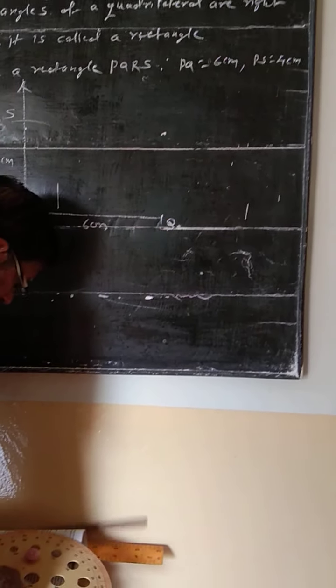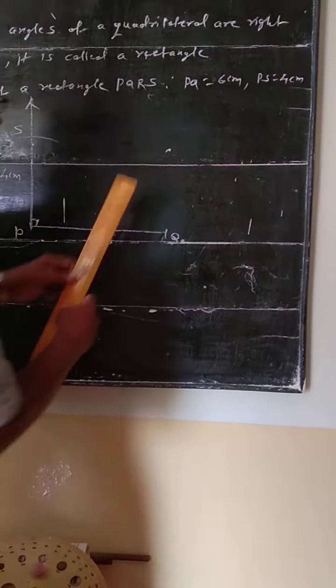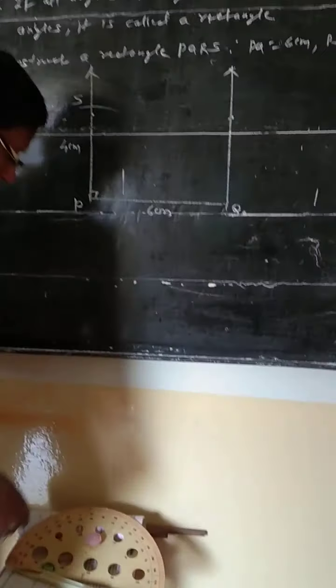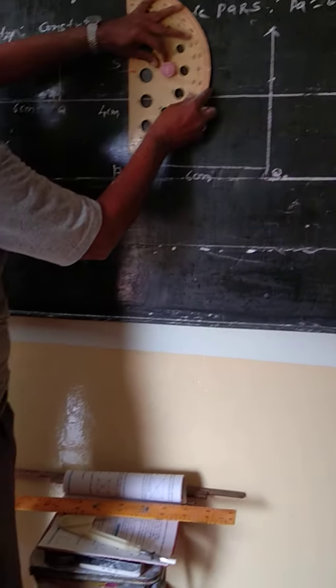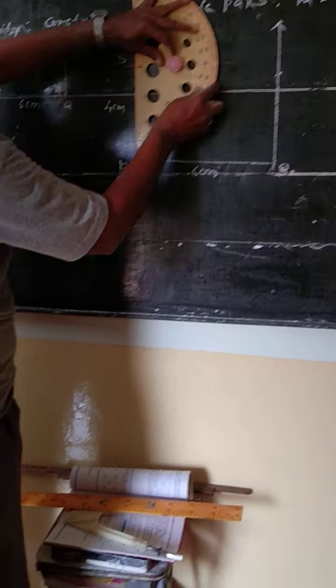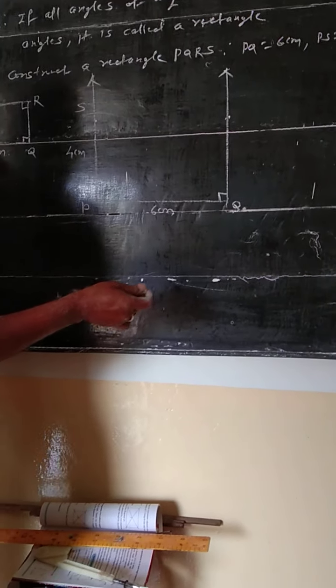Draw the ray. Then with the help of the protractor, take this angle also 90. Two adjacent sides and 3 angles, this also angle 90. All angles of the quadrilateral are 90.